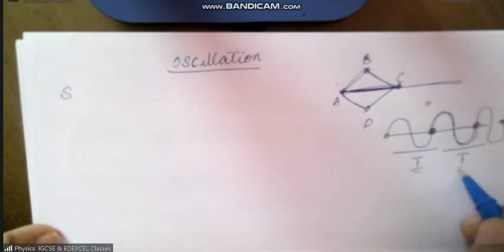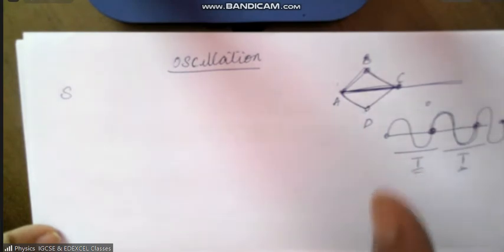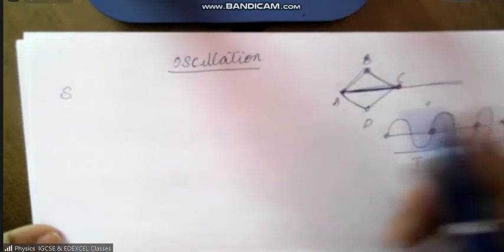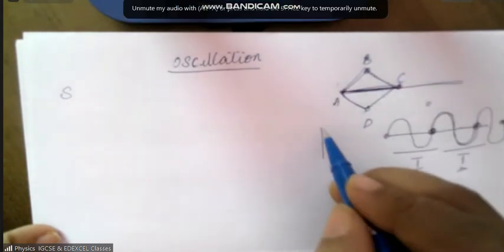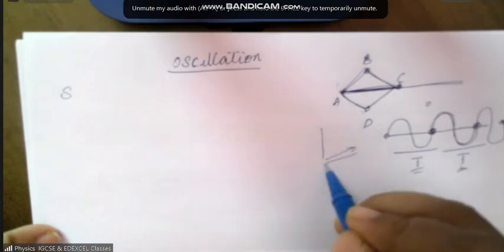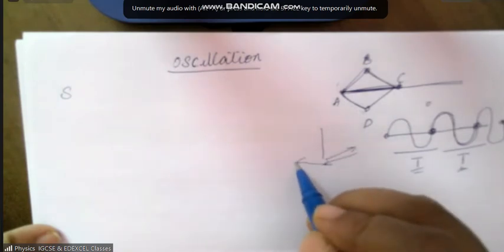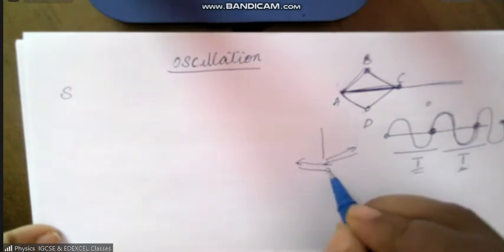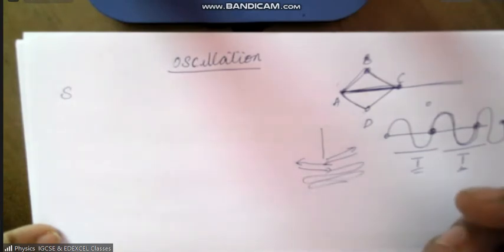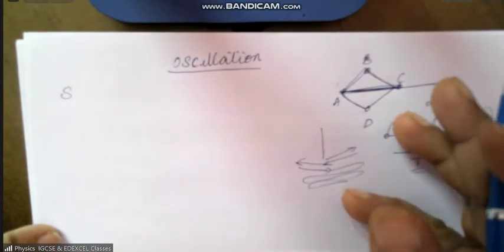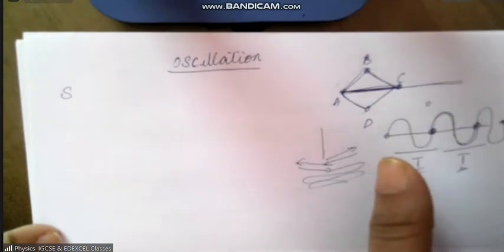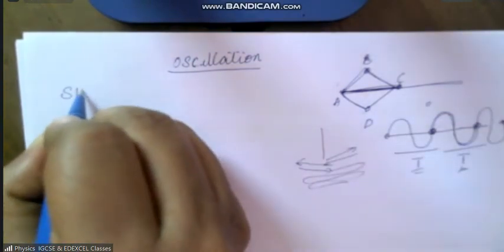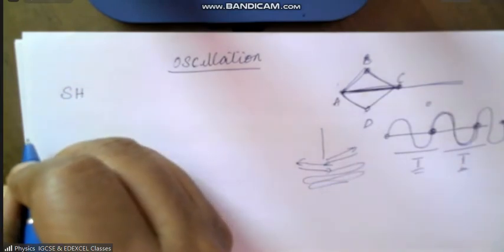So wave motion is also oscillation. Another example: when you are in a swing, if this is your mean position, you move to one side, return to the mean position, go to the other side, return, and this motion keeps repeating. This is also oscillation.